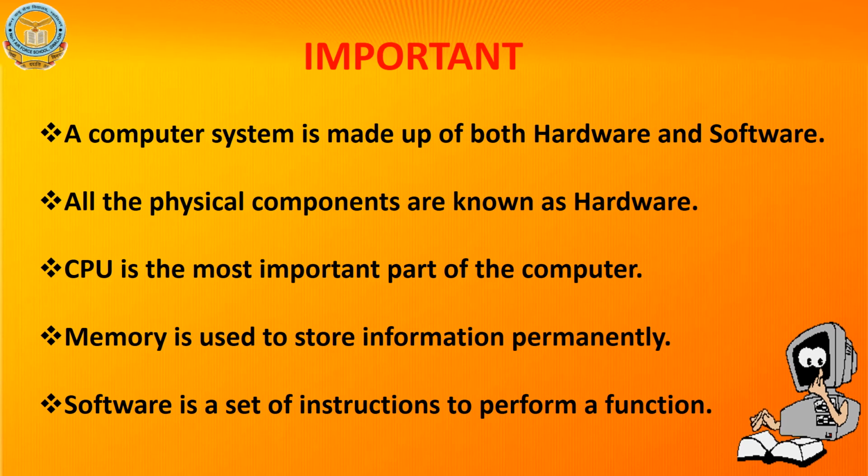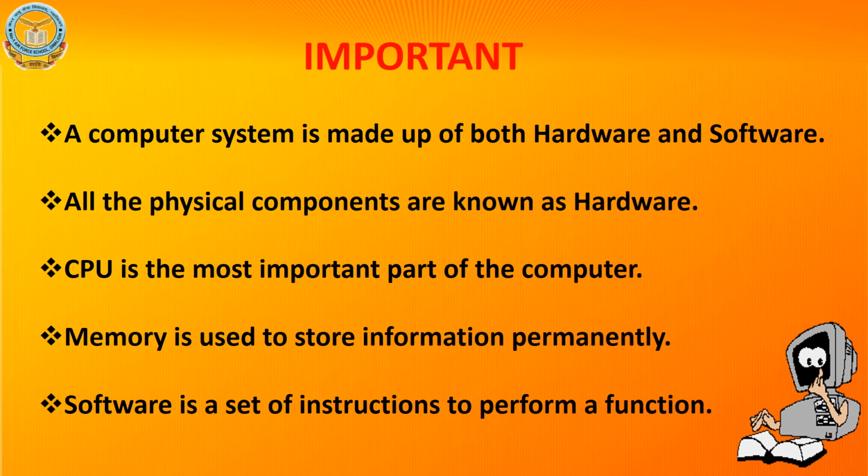So what is important in this topic? Let's revise. A computer system is made up of both hardware and software. All the physical components are known as hardware, and the CPU is the most important part of the computer. Memory is used to store the information permanently.